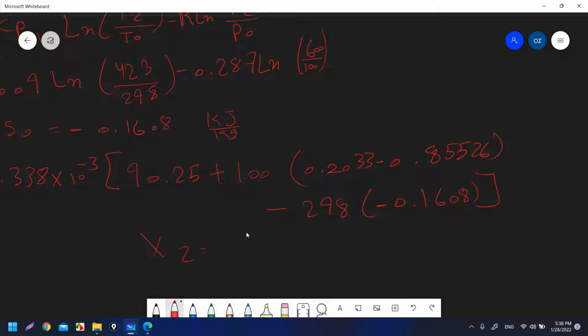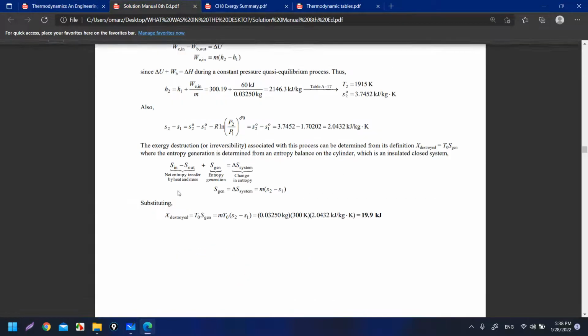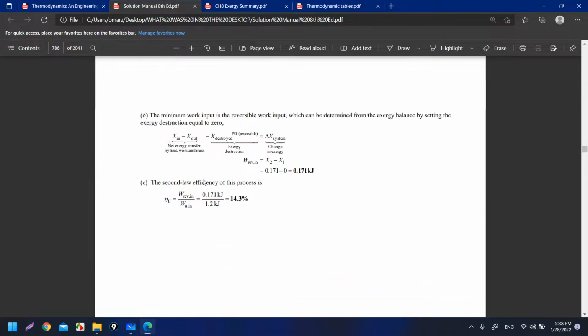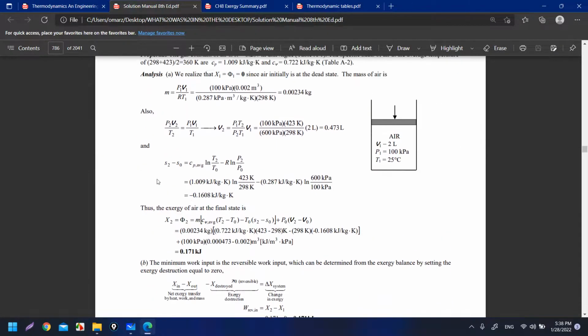This will give me X2 equal to 0.1737 kilojoule. What the solution manual did, that is question 37.